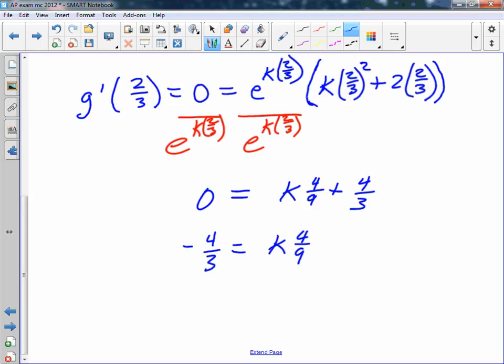And then what do I do? Thank you, Calvin. Multiply by the reciprocal, 9/4, times negative 4/3. Don't lose your negative. That equals k, and the 4s can divide out and become 1. So that's 9 over negative 3, which equals negative 3.